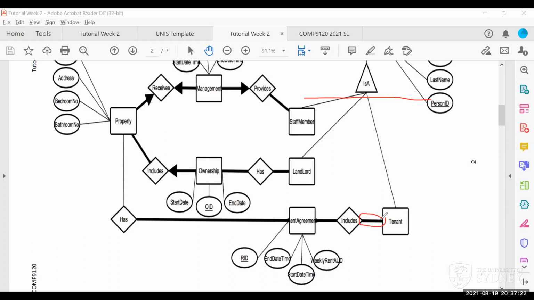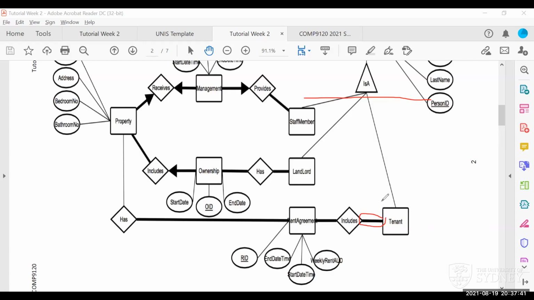Yes, you're right, it's not explicitly specified in the story that a tenant must be included in, let's say, zero agreements. But it doesn't make sense to use zero.